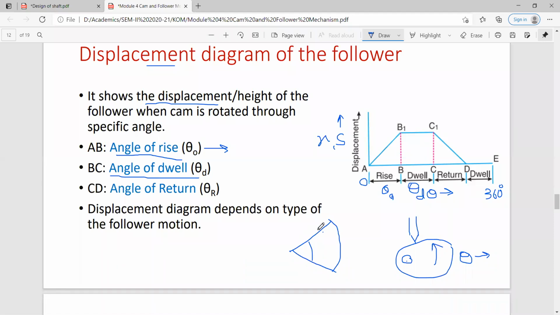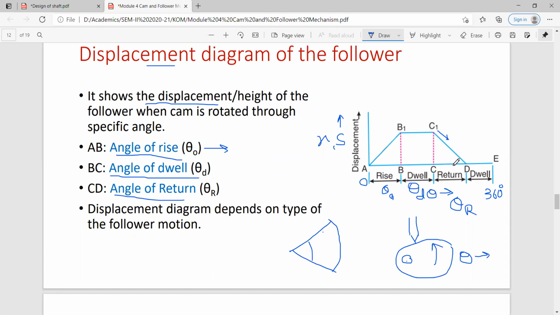And third is angle of return. What is angle of return? Angle of return theta r is the angle through which the cam rotates from C to D, the cam rotates further and the follower lowers down to its lowest position.